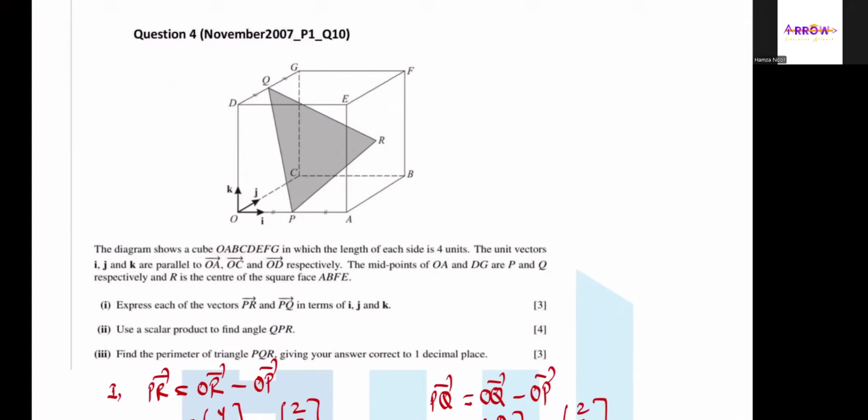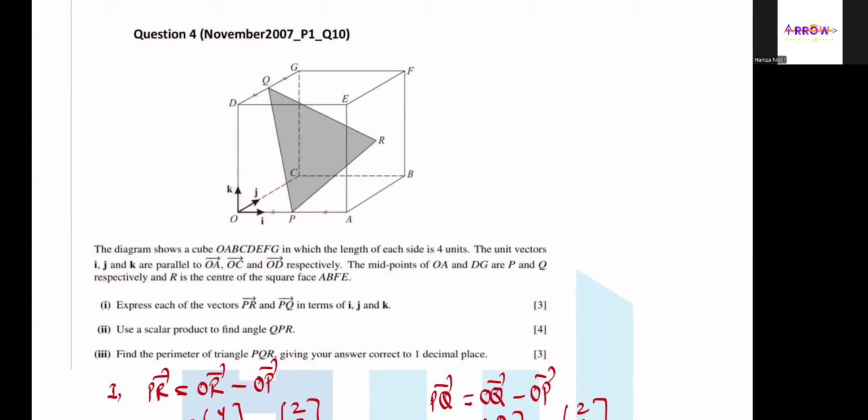The question says that the diagram shows the cube OABCDEFG in which the length of each side is 4 units, and the unit vectors I, J, and K are parallel to OA, OC, and OD respectively. I is parallel to OA, J is parallel to OC, and K is parallel to OD.